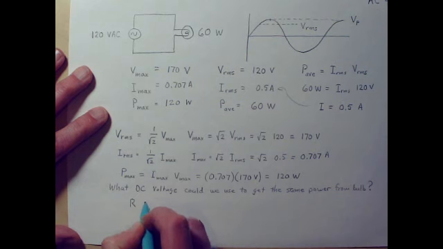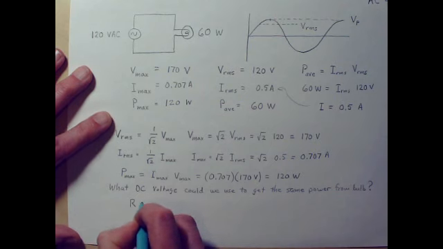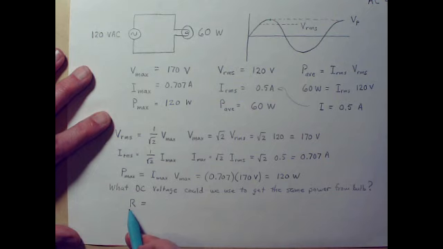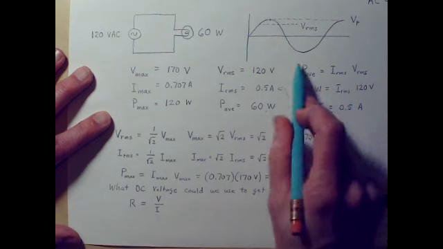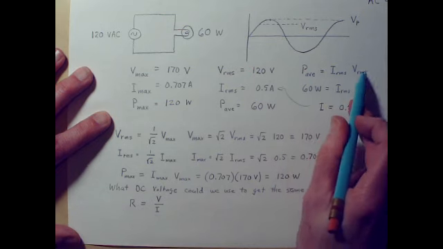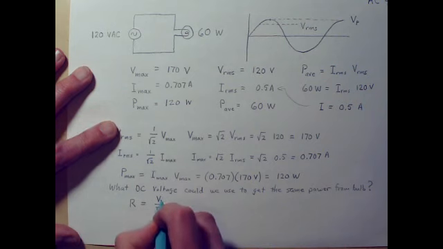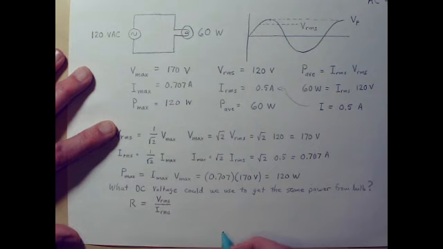How would you figure out the resistance of a bulb like this? Well, usually you'd say R is V divided by I. But which V and which I? Well, these formulas work just like we used this formula up here, the same formula we had before, but using RMS values. You can put the RMS values in here, and it works exactly right.